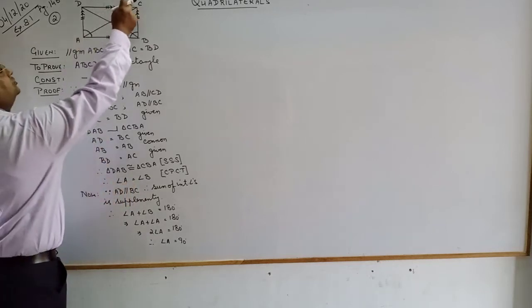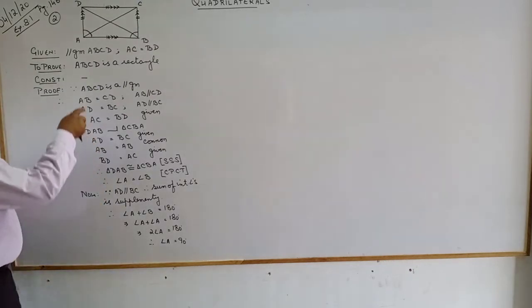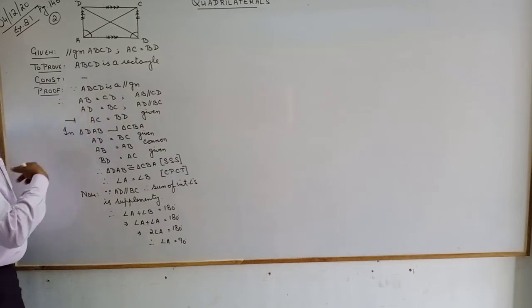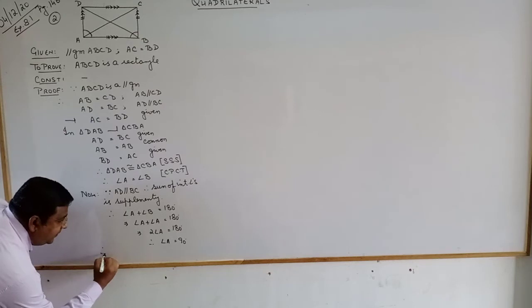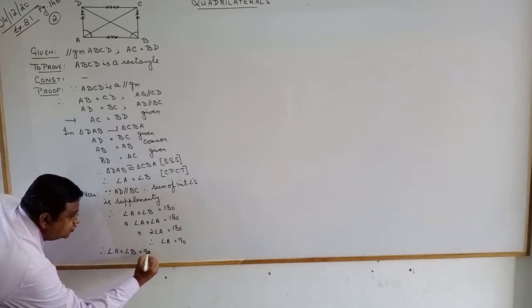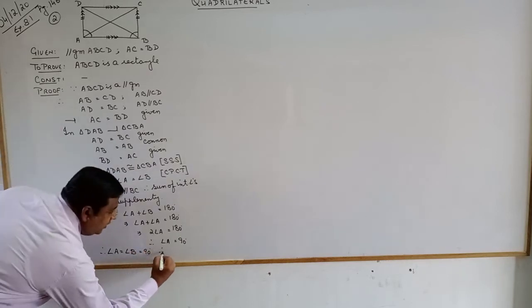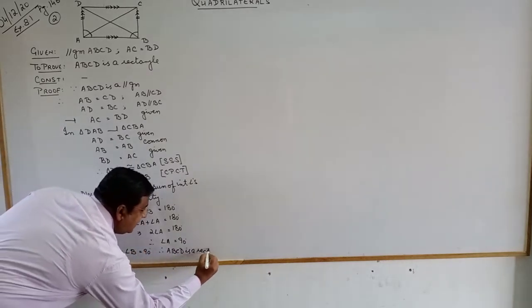And A is equal to C, B is equal to D. So therefore it is a rectangle. Opposite sides are equal and parallel. Our objective was to make these angles what? 90. So therefore angle A equals angle B equals 90. So therefore ABCD is a rectangle.